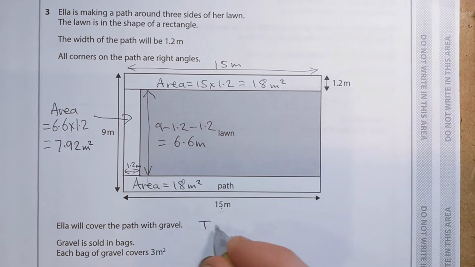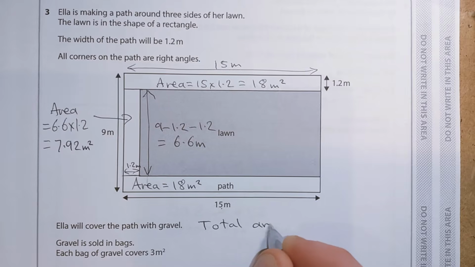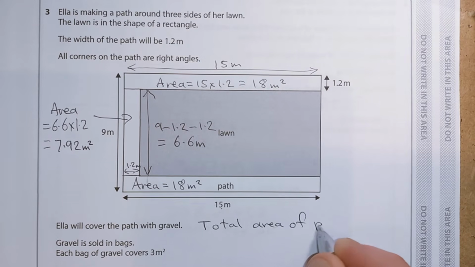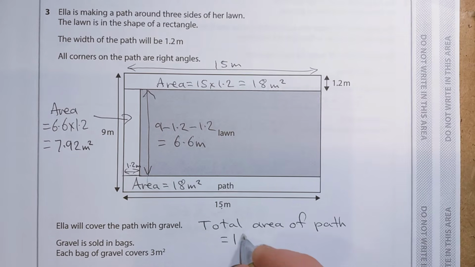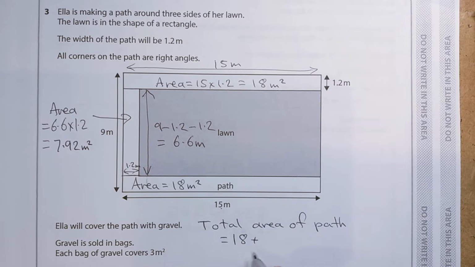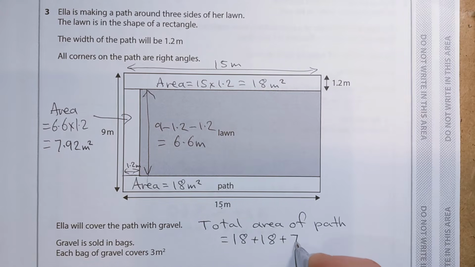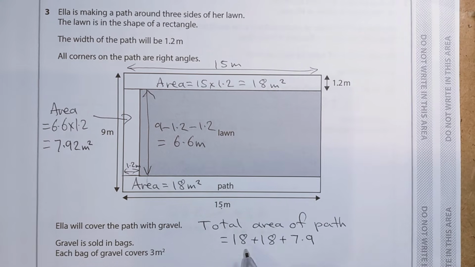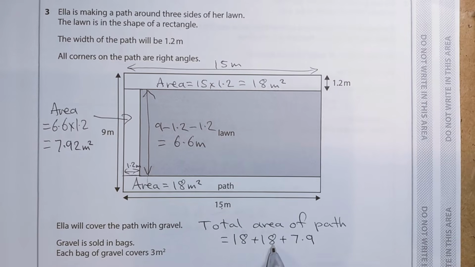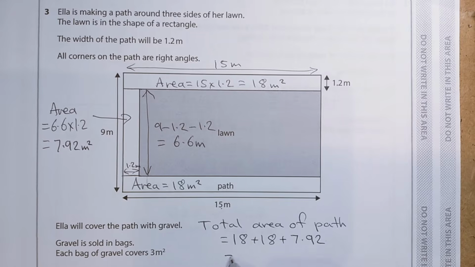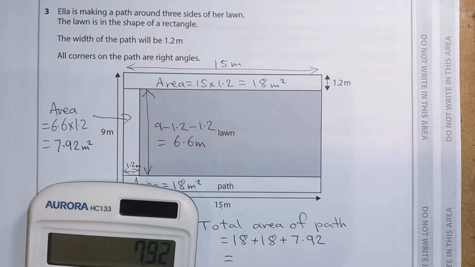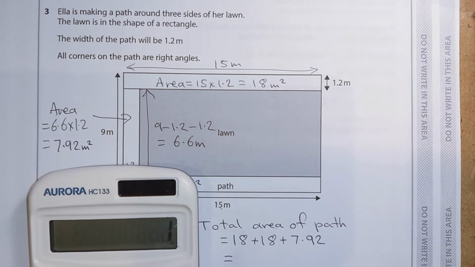Okay, so the total area of the path is going to be 18 metres squared plus 18 metres squared plus 7.92 metres squared. So we've already got the 7.92 in there. We can add in the 18 and another 18.